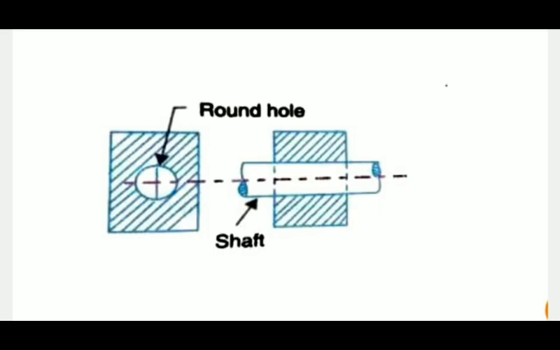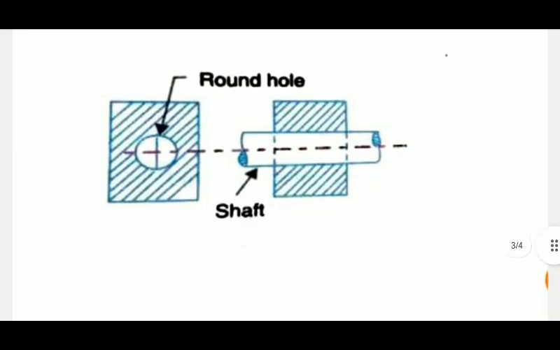So if we talk about the degree of freedom, in this case there are 2 degrees of freedom, because this shaft travels up and down or to and fro, and also it can rotate about its axis.